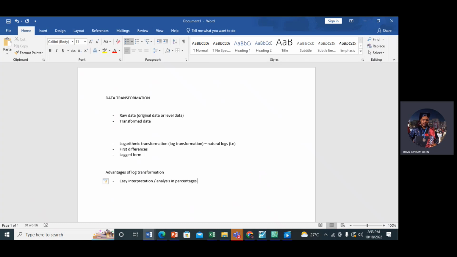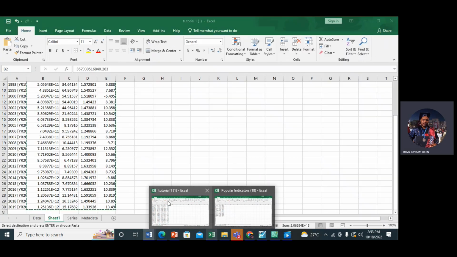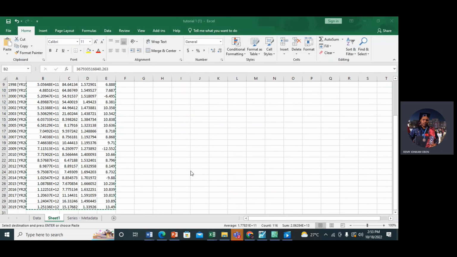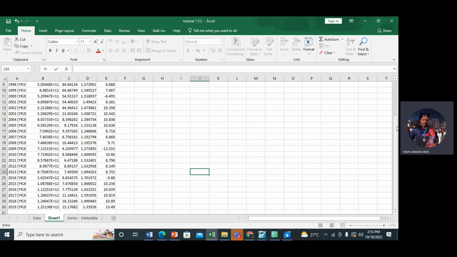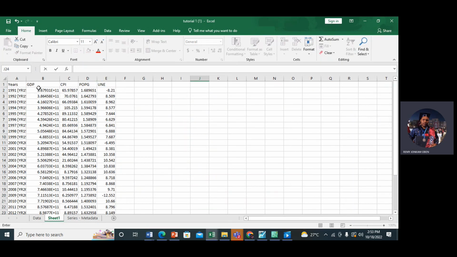We can have variables with different units, for instance, if we have our data here on Excel, we have GDP, CPI, population growth, unemployment. These variables can be in different units.